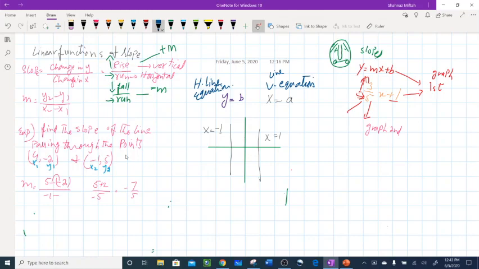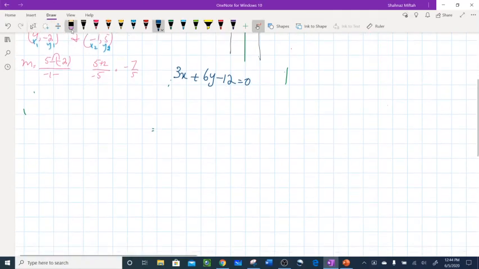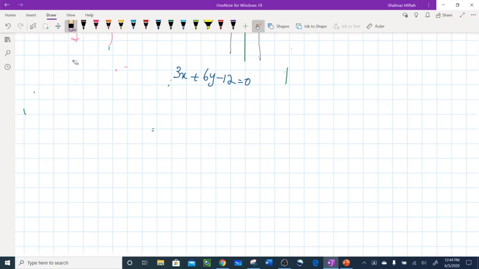Now, there is another thing you guys would remember, or maybe not, so I'm going to review really quick with you. I have the example 3x plus 6y minus 12 equals 0. The question is asking if I can find the slope and the y-intercept from this equation.